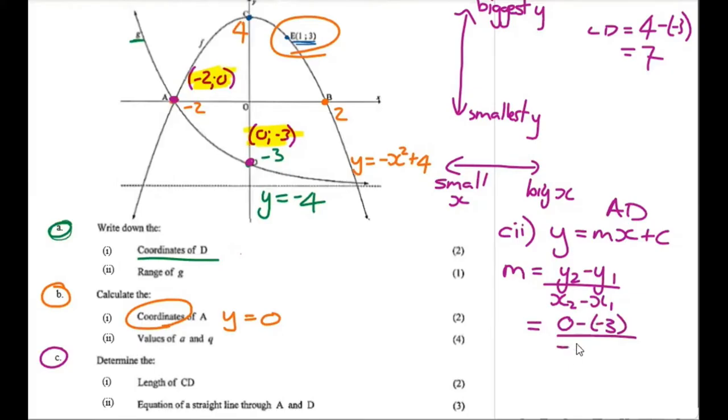And then I'm going to go -2 minus 0. And if we work that out, we're going to get -3 over 2. The 3 on top becomes positive, but the 2 at the bottom stays negative. That is my gradient.